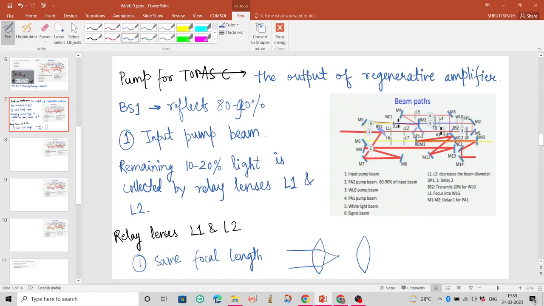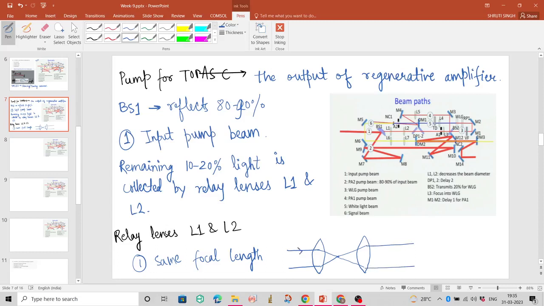So this one is the focal length for this lens also and for this lens also. After this, the beam will diverge from this point and it will come like this. For the same convex lens, when a beam comes from the focal point of the lens, it goes parallel after the lens.